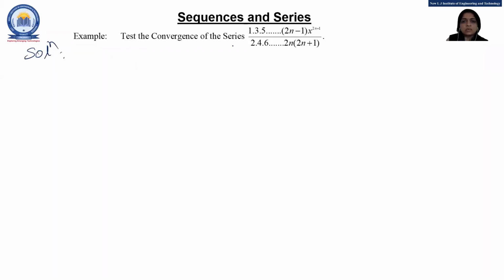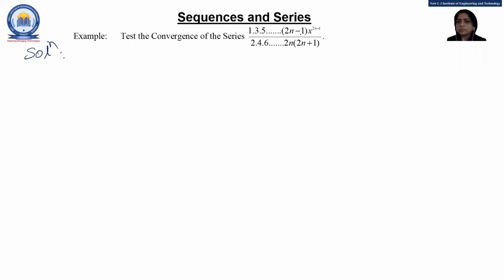you have to test the convergence of the series. See, listen carefully, students. Here, what is your un term? See, this is 1.3.5 up to 2n minus 1, but here x raised to 2n plus 1. So if in any example you have given x with the power 2n plus 1 or something like that, at that time you cannot directly apply RAP test.